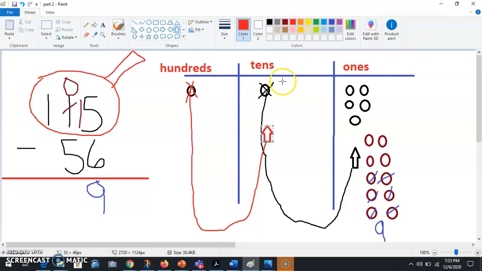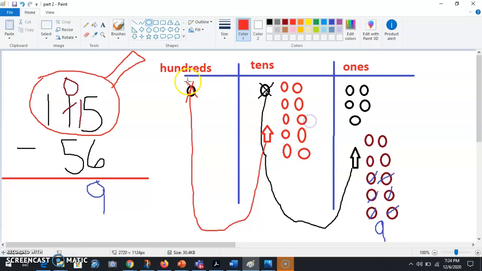Ready? Go. 1, 2, 3, 4, 5, 6, 7, 8, 9, 10.